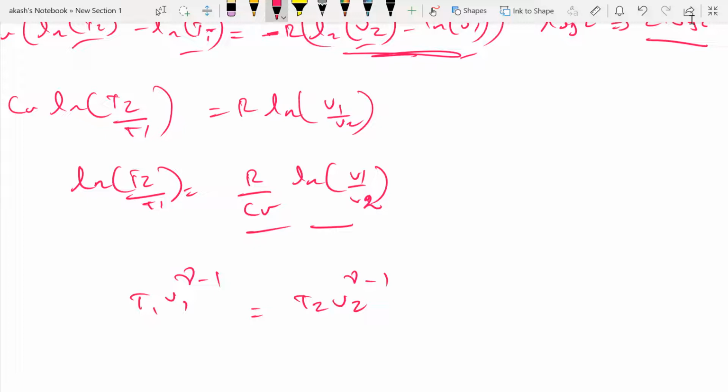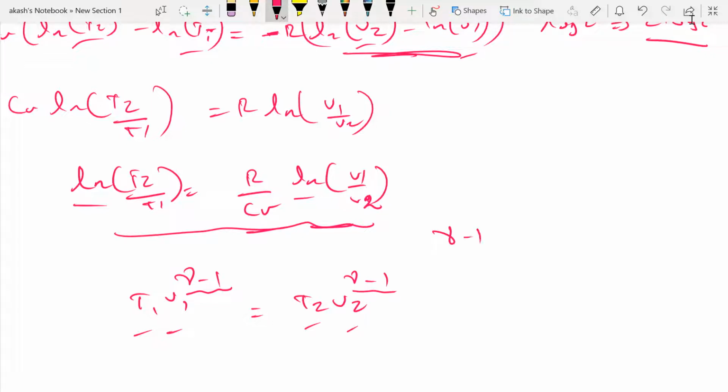Don't worry about what gamma is; gamma is nothing but in terms of R and Cv. This is like taking anti-log on both sides. Both sides I have log, I'll take anti-log and do some manipulations and end up at this equation. The derivation is not important for you, don't worry about it. So we will be getting T1 V1 power gamma minus 1 is equal to T2 V2 power gamma minus 1.